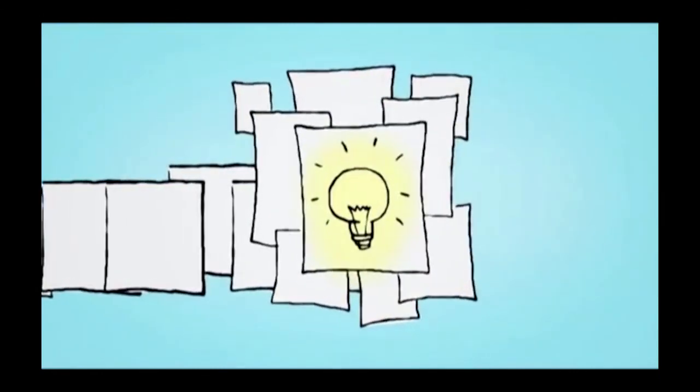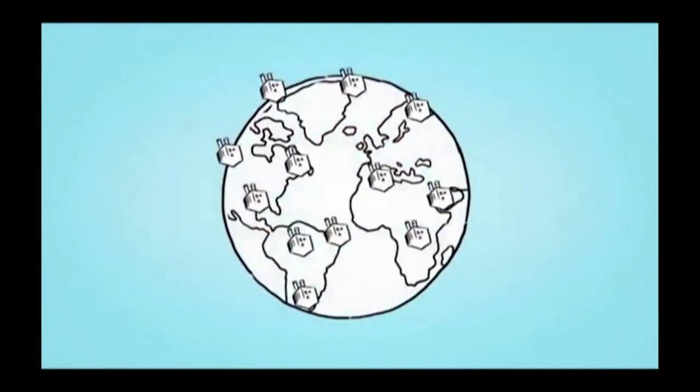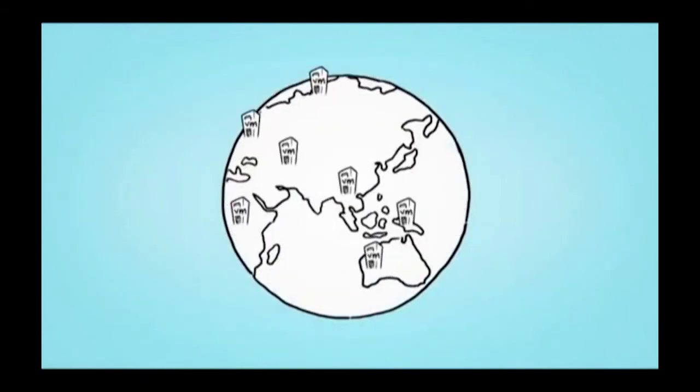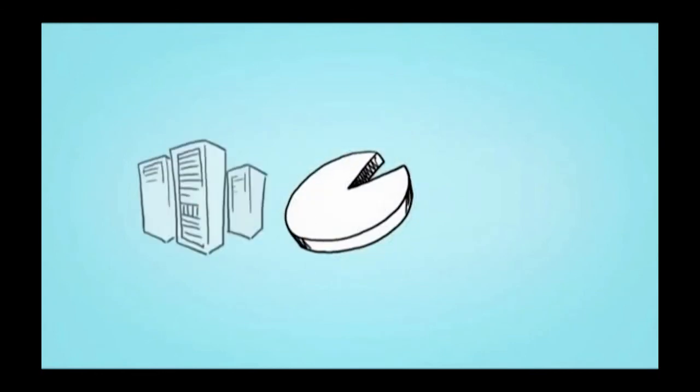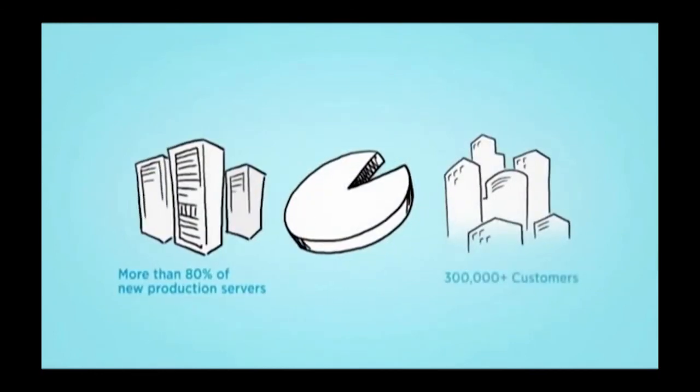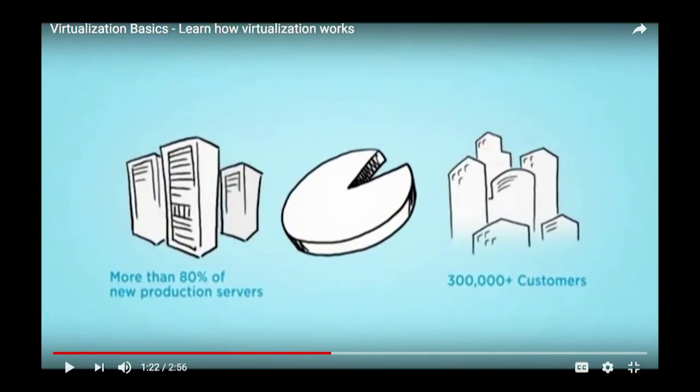But all virtualization is not created equal. For the smallest companies as well as the largest global enterprises, VMware is far and away the most trusted and widely deployed platform. Our technology is the most mature, feature-rich, and reliable, generations ahead of any other.